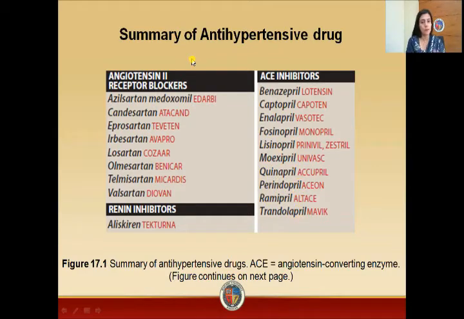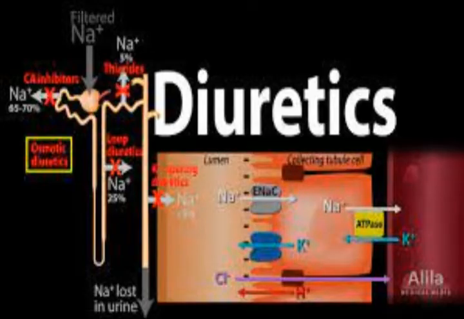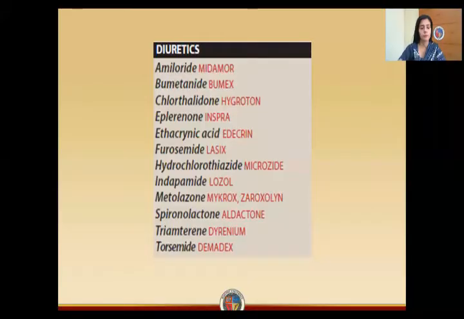The next category is diuretics. In case of diuretics, we have amiloride, bumetanide, chlorthalidone, ethacrynic acid, furosemide, hydrochlorothiazide, indapamide, metolazone, spironolactone, triamterene, and torsemide.